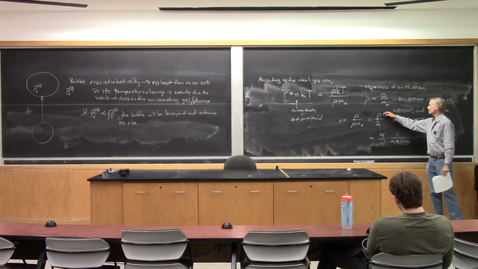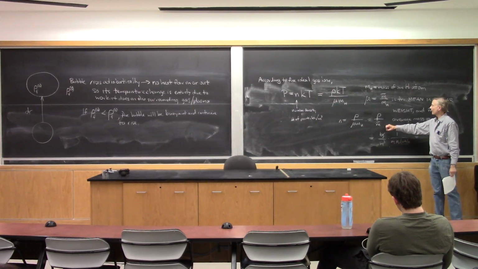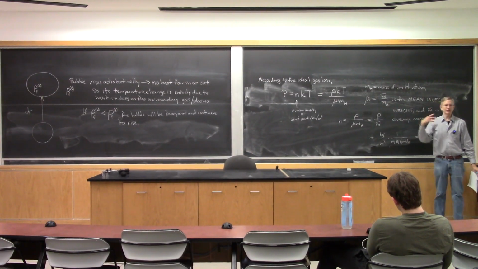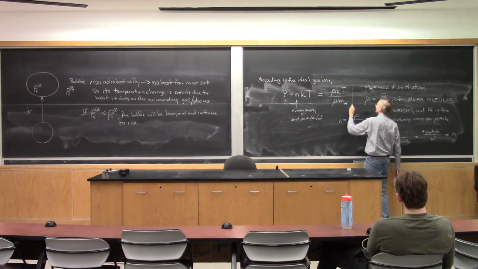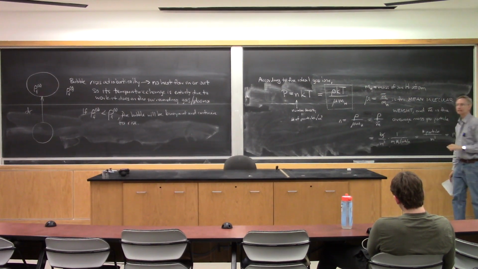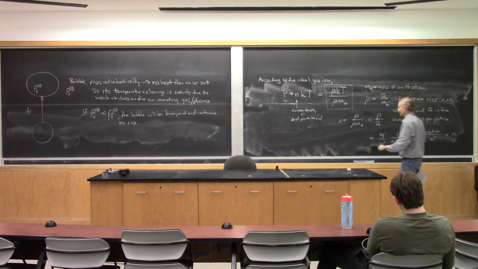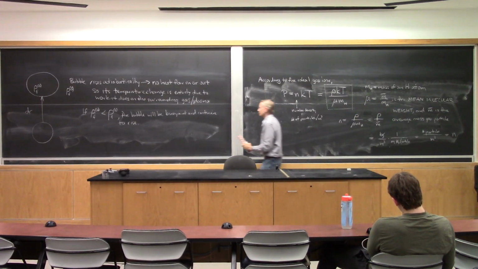It's the number of kilograms in every cubic meter divided by the average number of kilograms per particle. That's the number of particles in every cubic meter. And we will often use this expression in the ideal gas law, P = rho kT over mu m_H. It's a very useful way to write the ideal gas law.